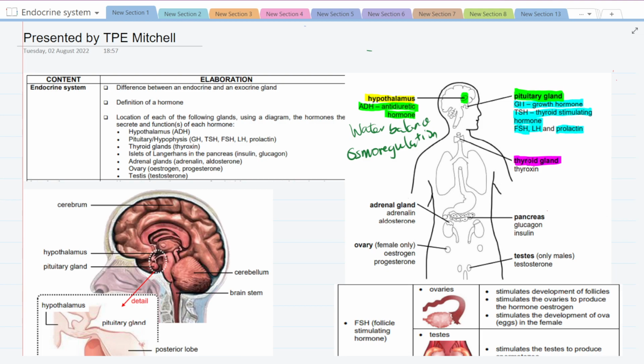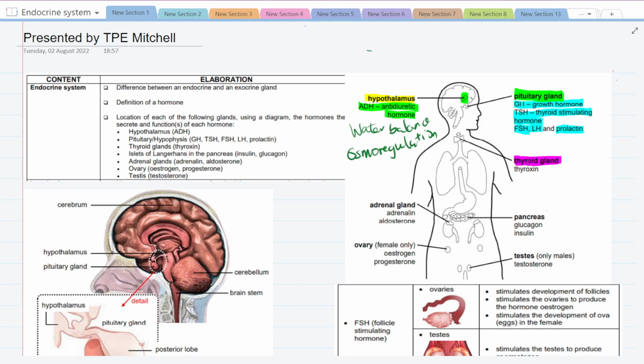So this thyroid gland, as you can see, is working together with your pituitary gland, because you have what is known as a thyroid stimulating hormone, meaning this hormone stimulates the thyroid gland to do what?